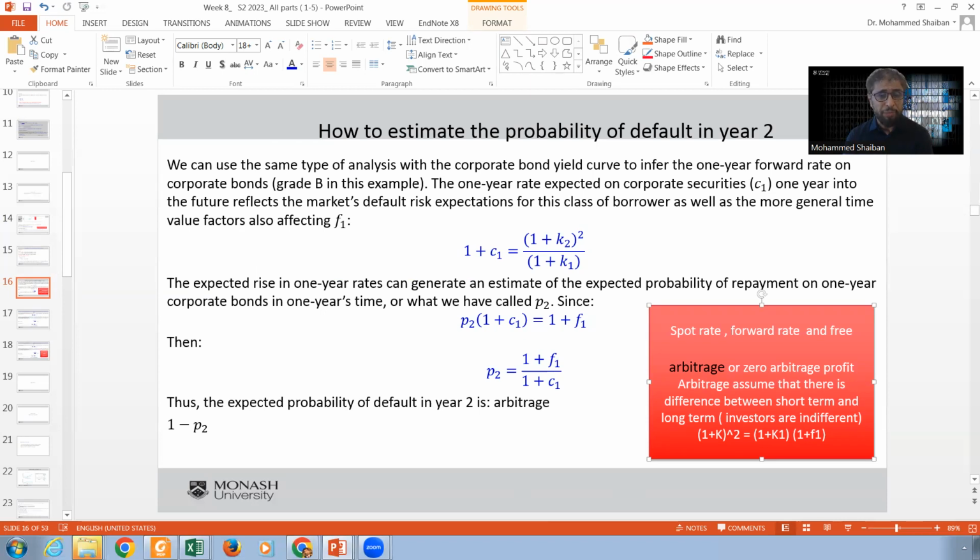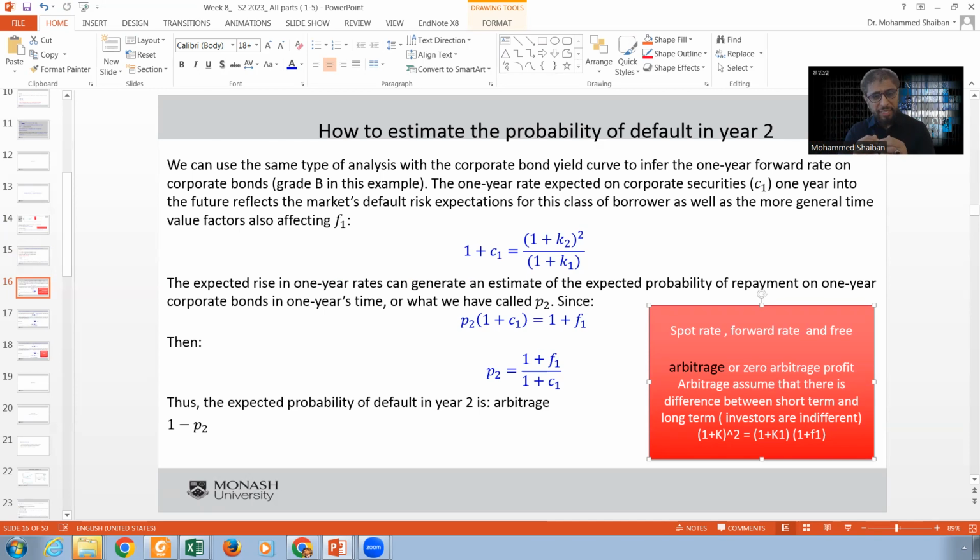Therefore, if you know all of this, investors have no difference between investing in short term or long term, because you have the spot rate and you have the forward rate. If all the investors know the spot rate and the forward rate, they can shift between them and nobody can take advantage of that.